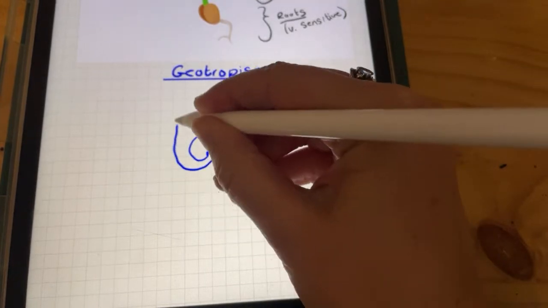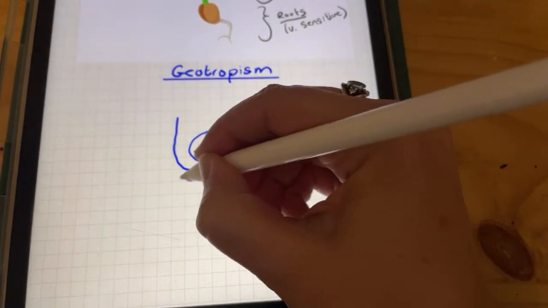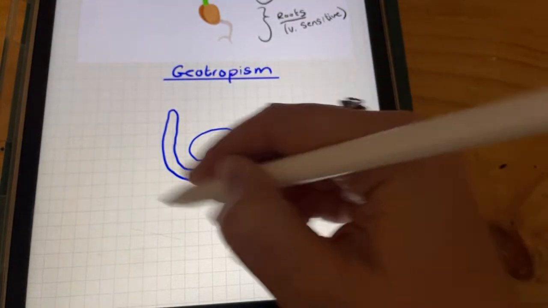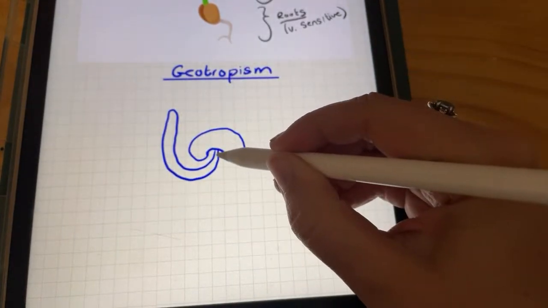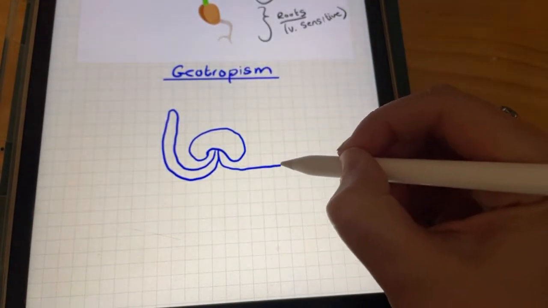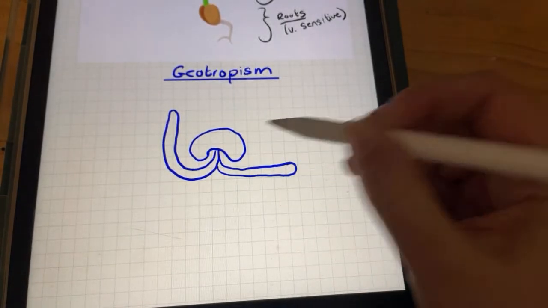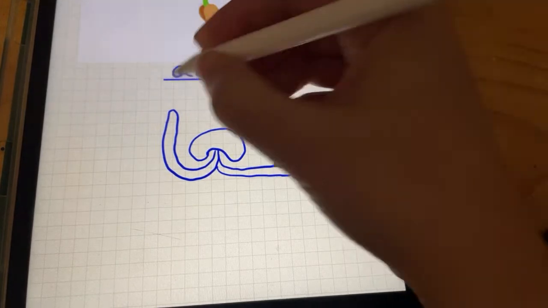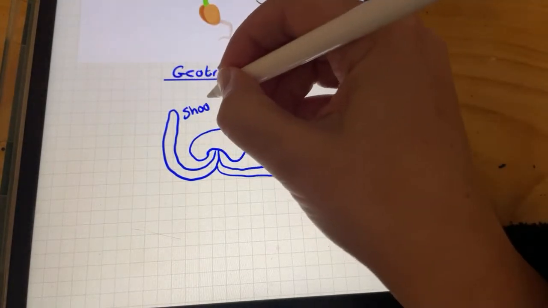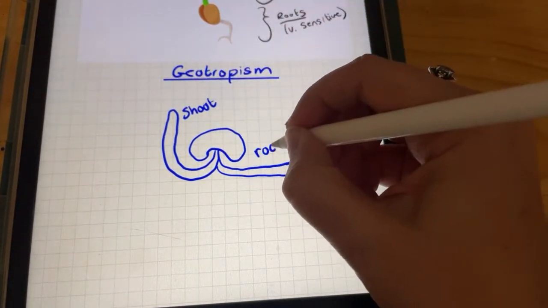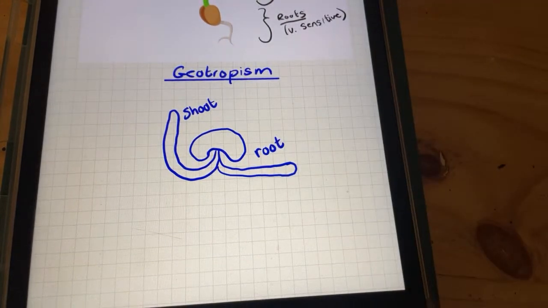And this would be a shoot growing out, which is already curved up. But now here is a root growing out. Okay. So I haven't curved the root yet. So this is the shoot. This is the root.